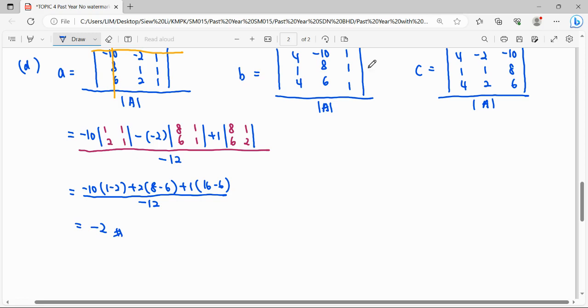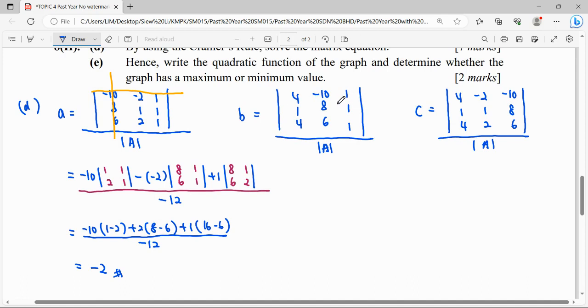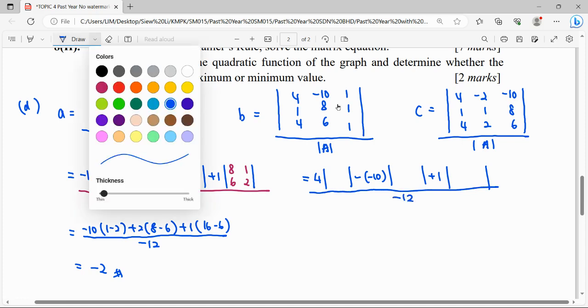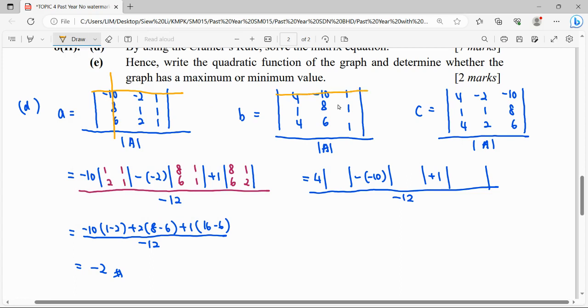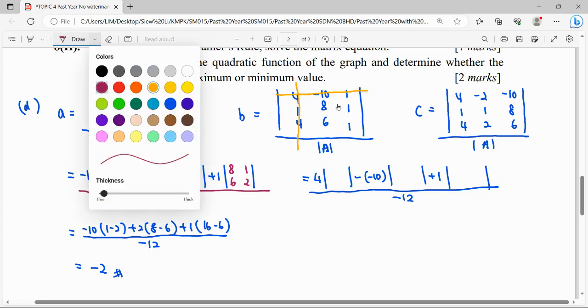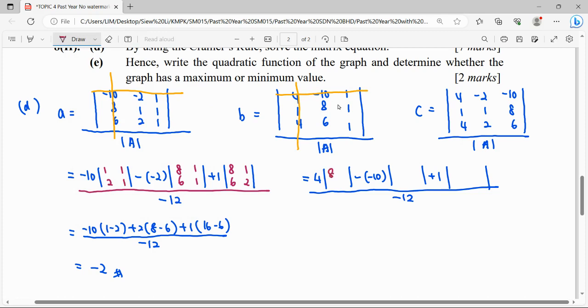We move on to unknown b. So repeat again, we find this determinant: element 11, minus element 12, then element 13, over -12. Row 1, first column, copy paste, vertically 1, 4.